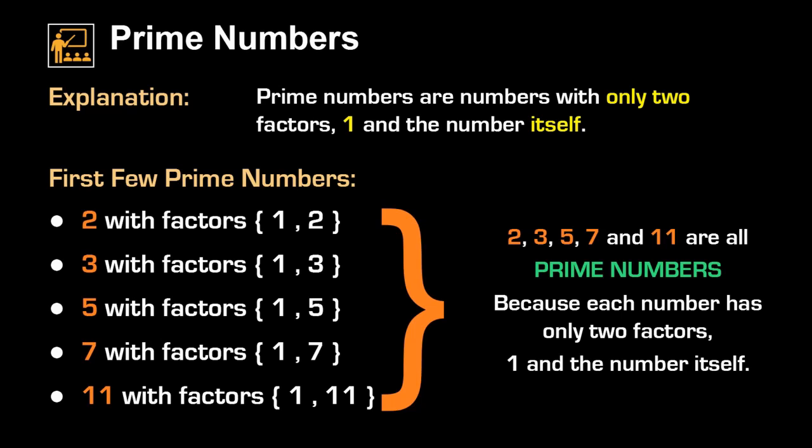Just again emphasizing, a prime number is a number with only two factors, 1 and the number itself. Okay, so let's continue and let's do an activity only just for reinforcement purposes.